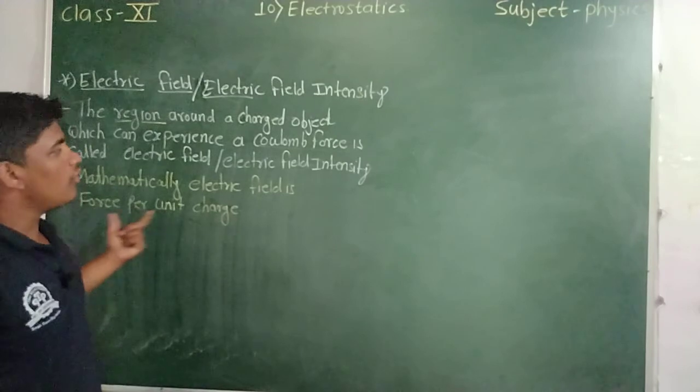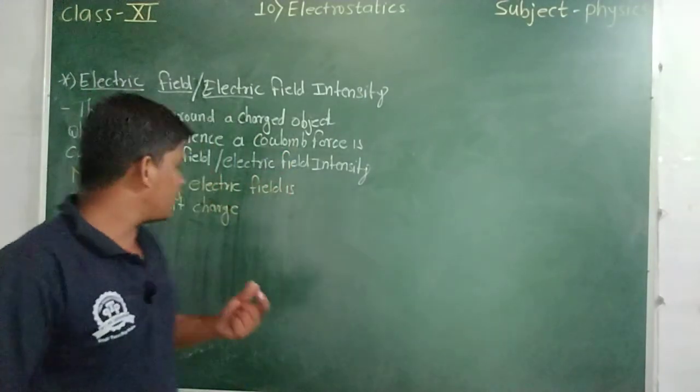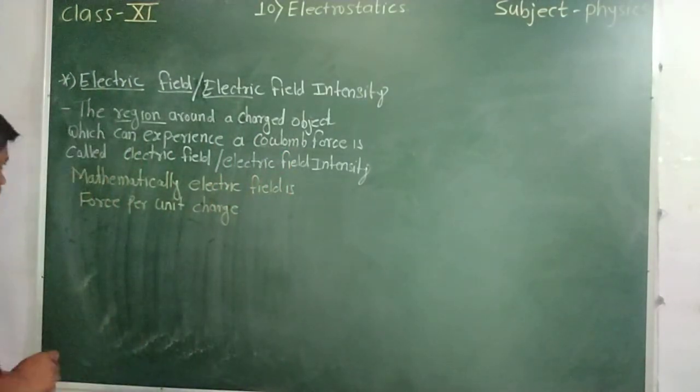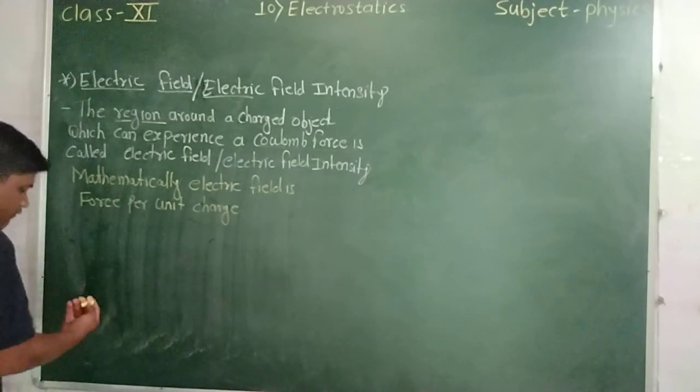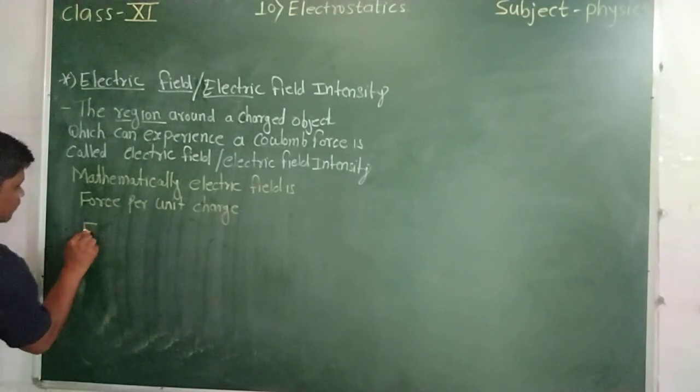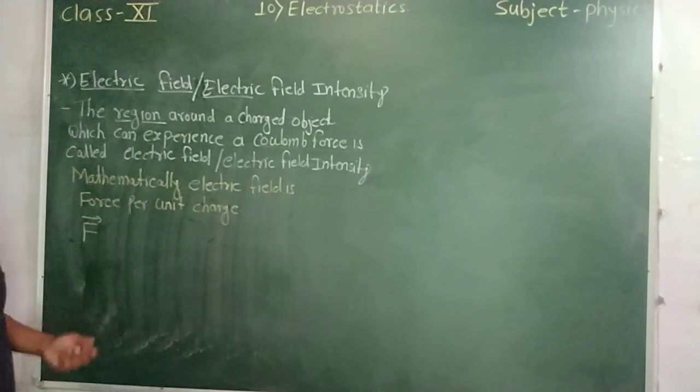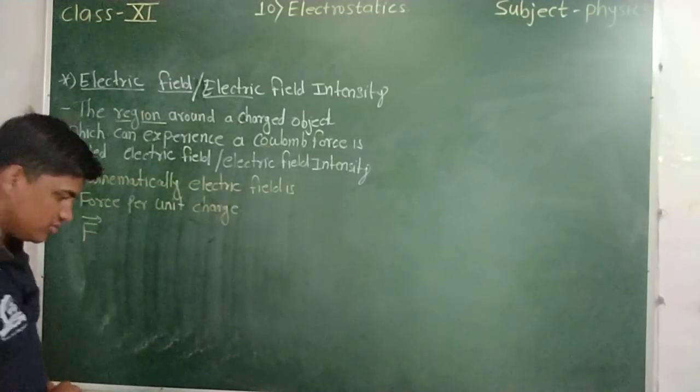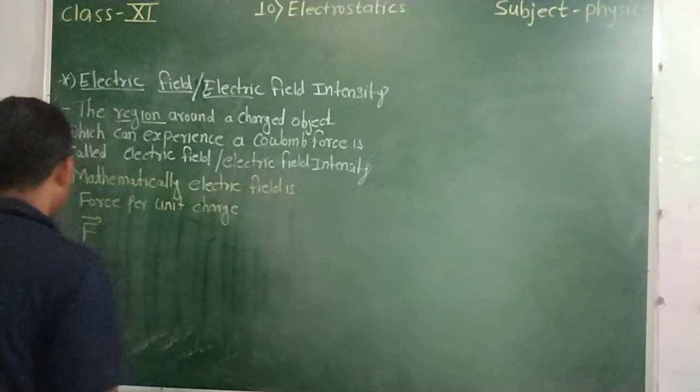Force, that is the Coulomb force which the object with charges experiences. We know that the Coulomb force F is equal to the equation 1 upon 4 pi epsilon 0, which we wrote earlier.